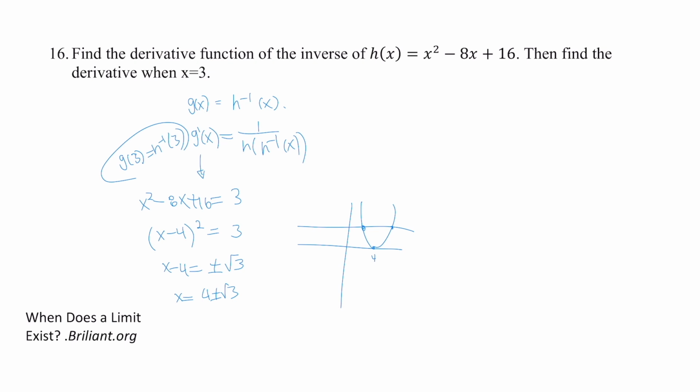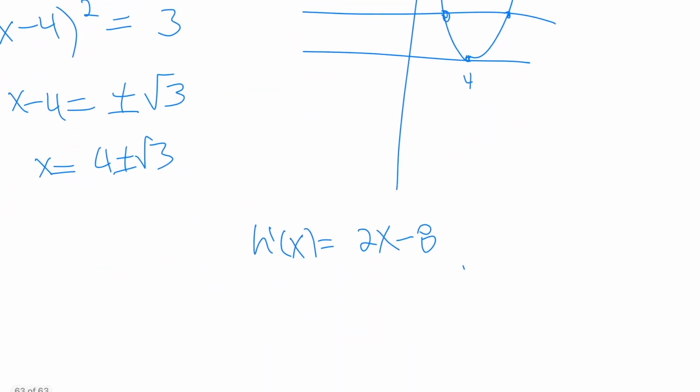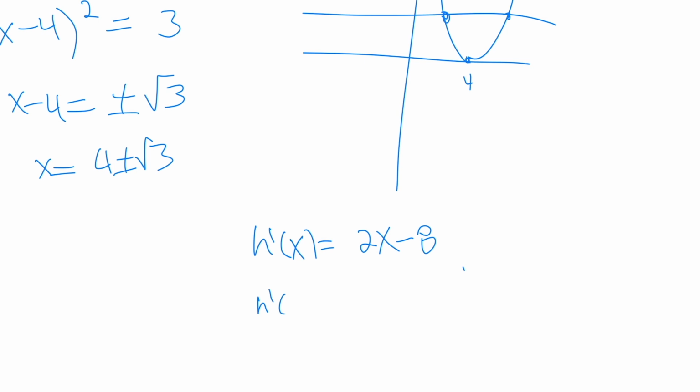So we have those 2 points, and then now it's time for us to put this into the h prime. Oops, I forgot prime here. Okay, so what is h prime? H prime is going to be 2x minus 8, right? So let's plug in 4 plus root 3 and 4 minus root 3 into h prime. So we have 2 derivatives. One is when h prime of 4 plus root 3 is going to be 2 times 4 plus root 3 minus 8.